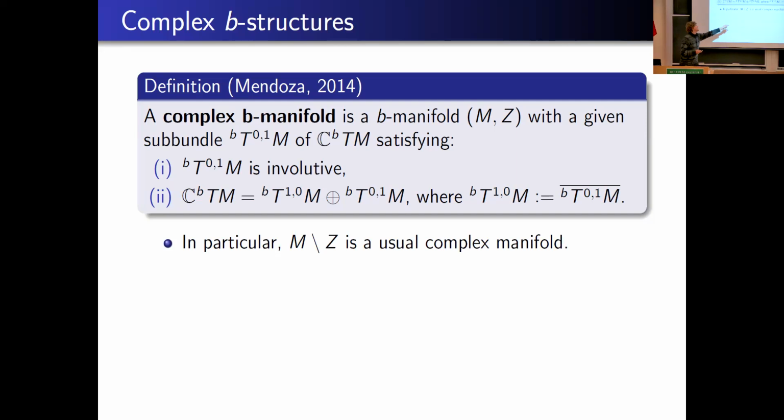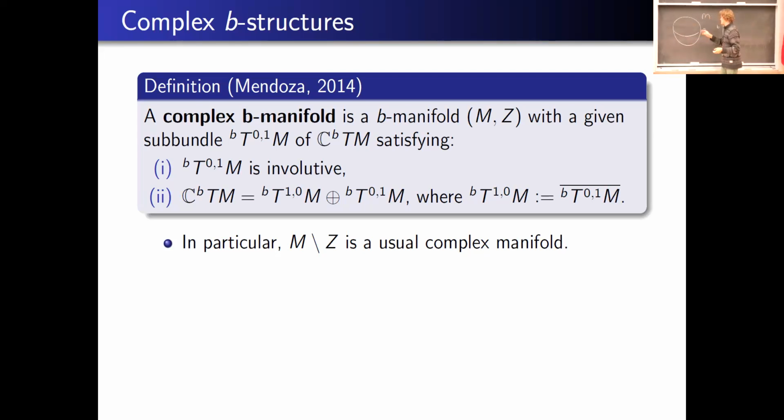By the way, this is probably important to mention. Because of what I said before, that the B tangent bundle and tangent bundle are identical if you stay away from Z, a B complex structure determines a usual complex structure on the complement. So if you stay away from Z, this upper half plane, I guess, in this picture, is an ordinary complex manifold. And actually, you could take that approach.